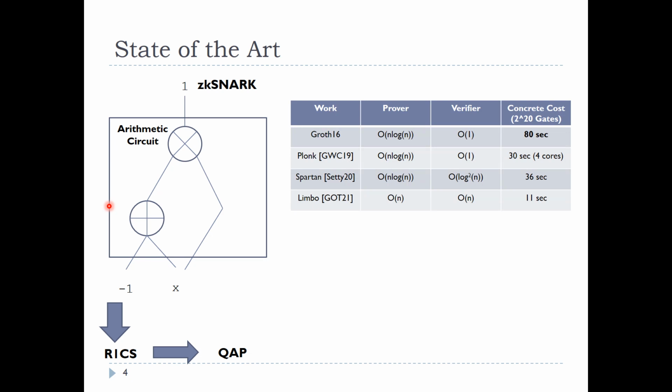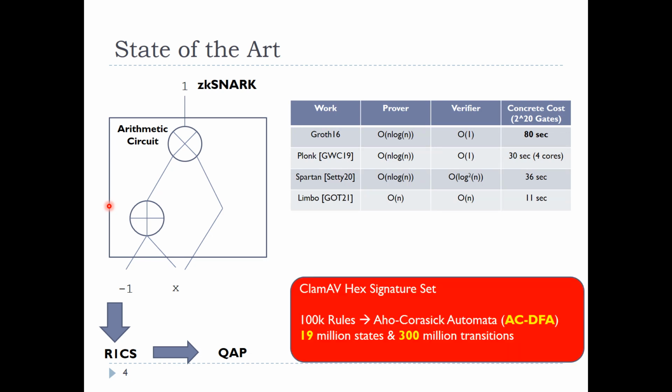Take ClamAV as one example. Its hexadecimal signature set alone would generate a huge Aho-Corasick automaton with 19 million states and over 300 million transitions. This is a problem size which is much bigger than the prevalent zero-knowledge proof systems can handle.